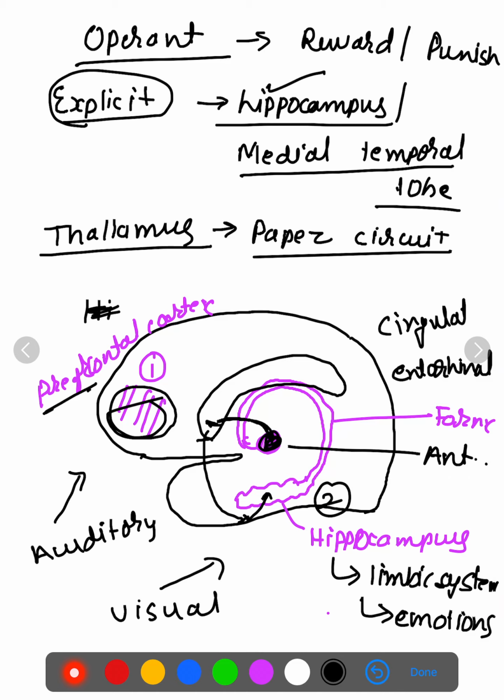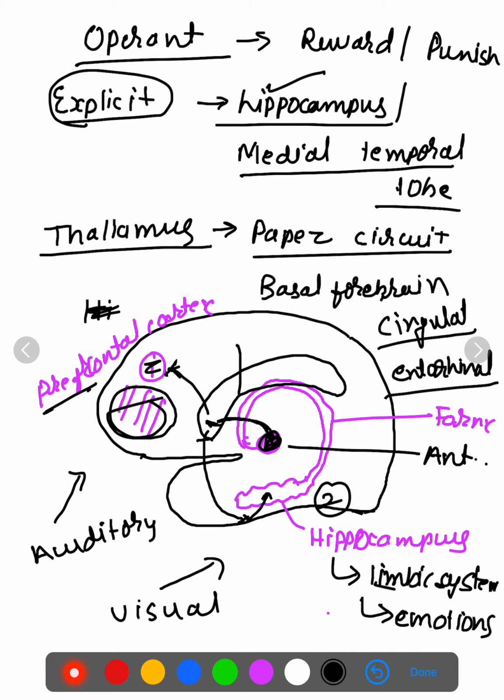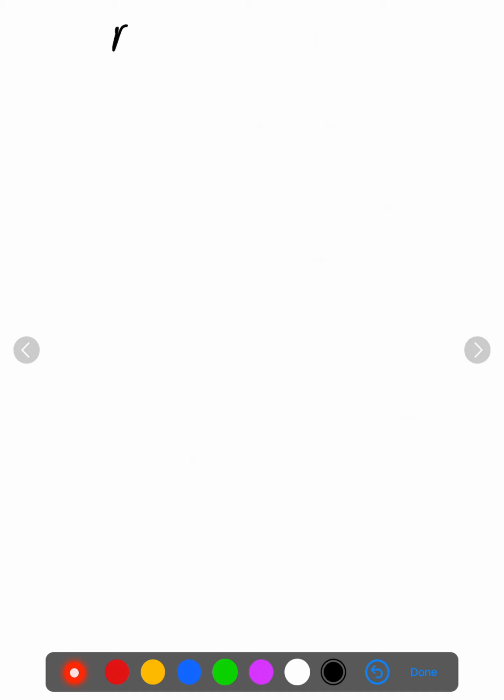Not only this, from the cingulate gyrus information also goes to the basal forebrain.